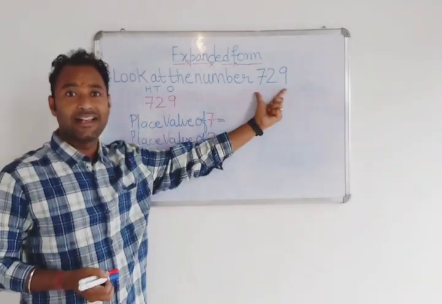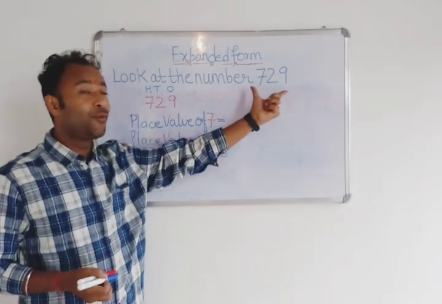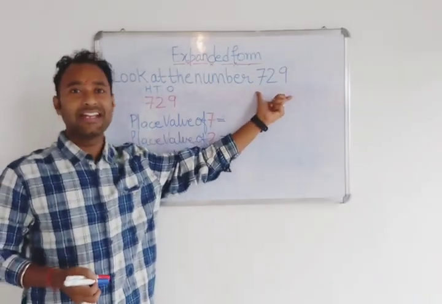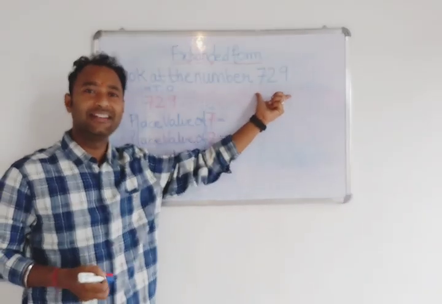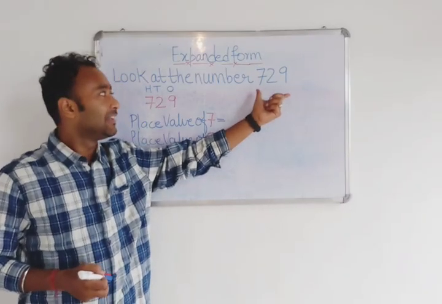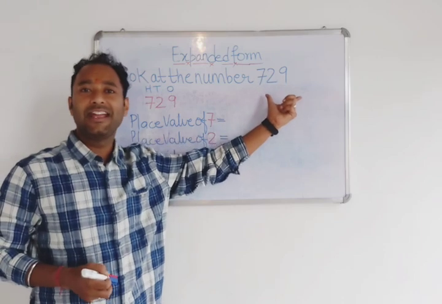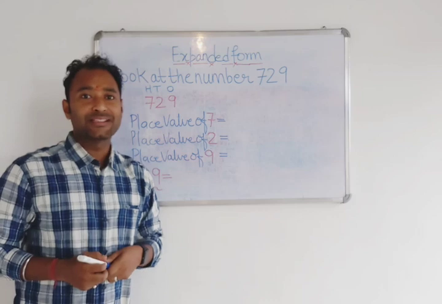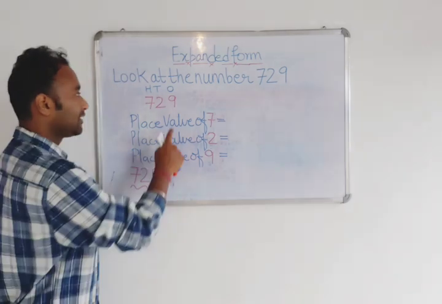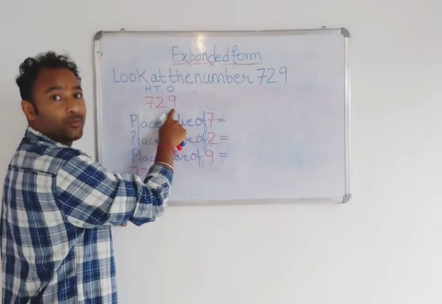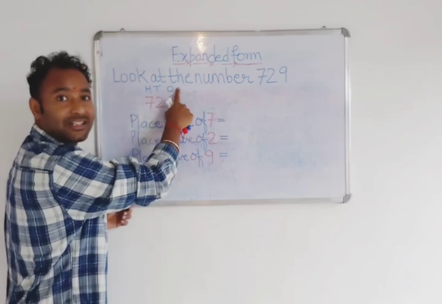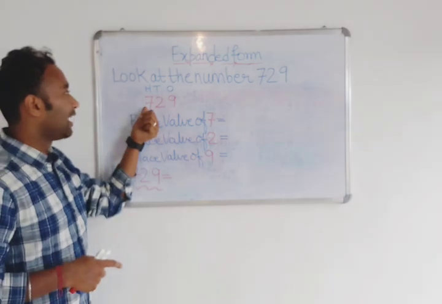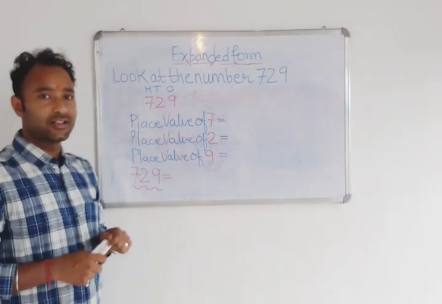Understood, students? Now the next number is 729. Before we start, how many digits are in 729? Yes, there are 3 digits in 729. Now can you give the place values? Yes, 9 is in the ones position, 2 is in the tens position and 7 is in the hundreds position.